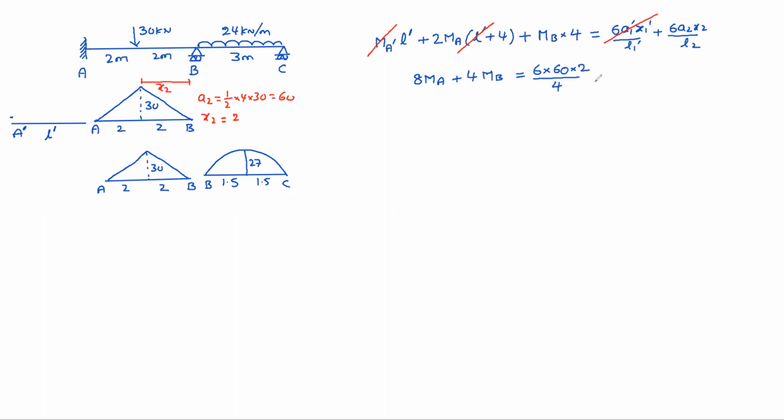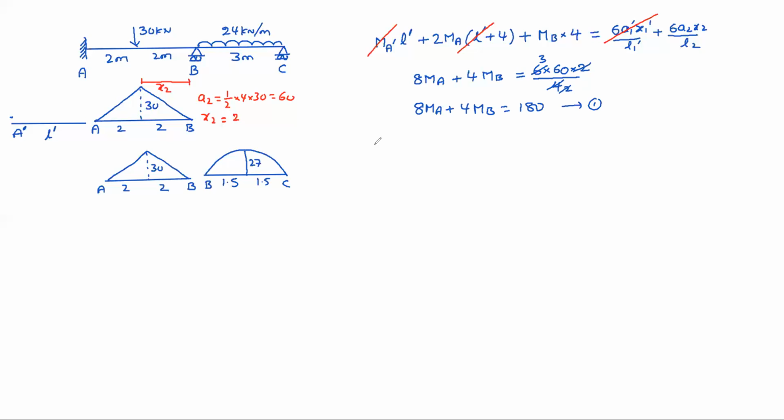So this is the equation. 2 2s, 2 3s, so 180, or 8 MA plus 4 MB equal to 180. This is equation 1. Now these two spans, AB and BC.